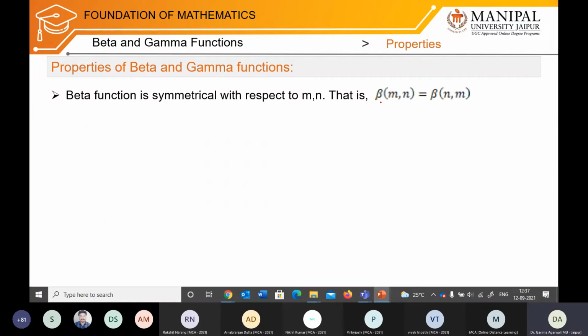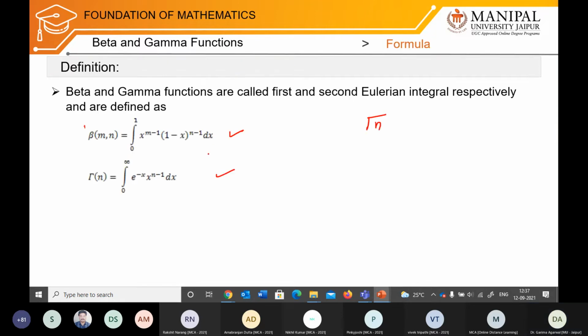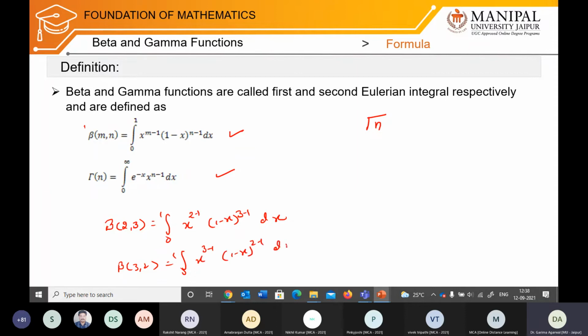Now we have few properties like beta m n is equal to beta n m. For example, if I write beta 2 3, it will be 0 to 1 x raised to 2 minus 1, 1 minus x raised to 3 minus 1 dx. And if I write 3 2, it will be 0 to 1 x raised to 3 minus 1, 1 minus x raised to 2 minus 1 dx.